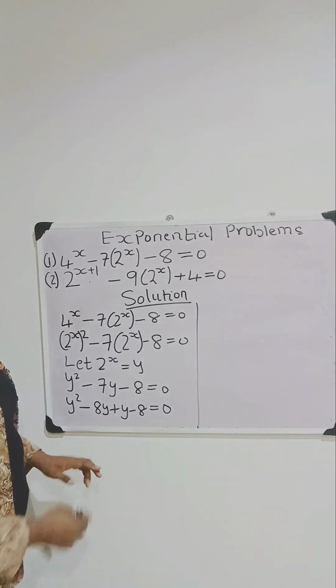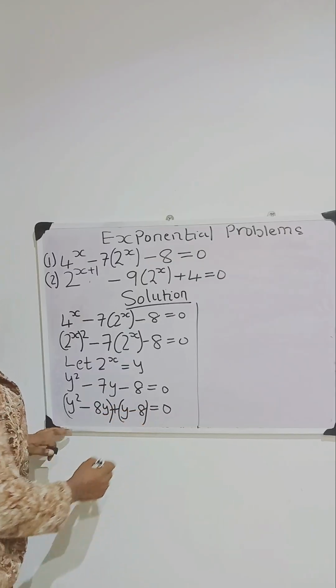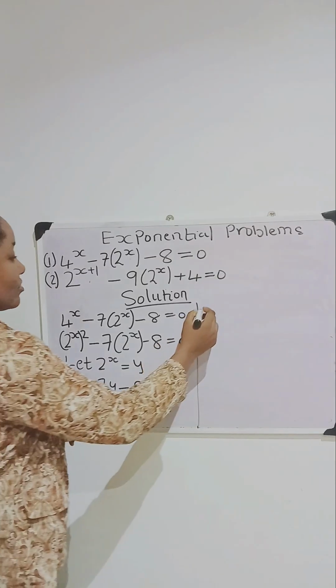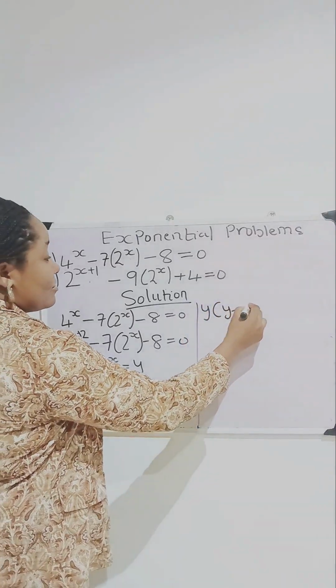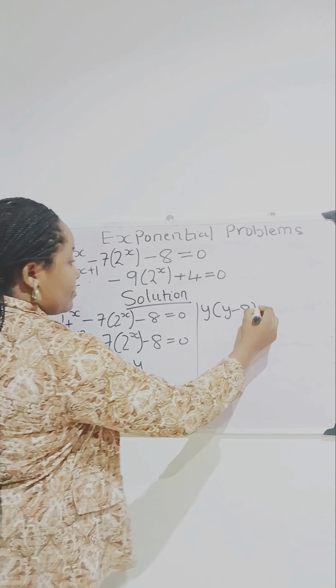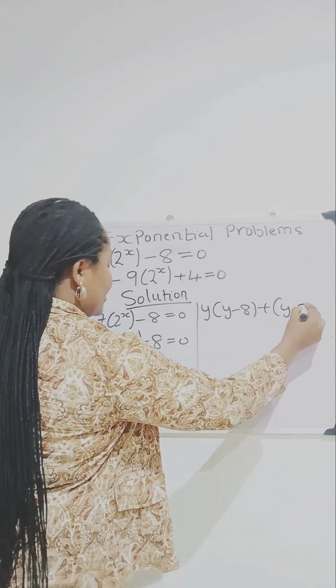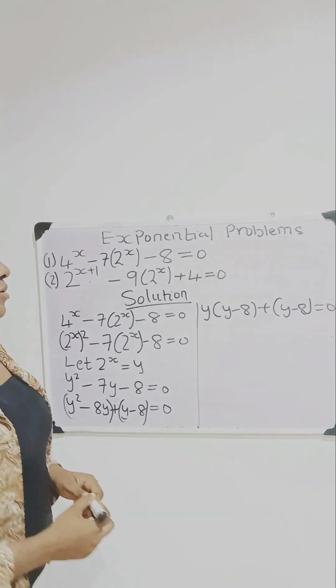So we can put a bracket here, put another bracket here. When we come here, there's a y here, there's a y here, we can factor out y. So we have y into y minus 8 plus the y minus 8 as it were here equal to 0.